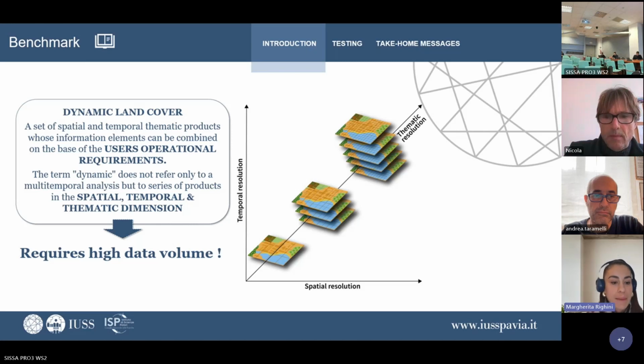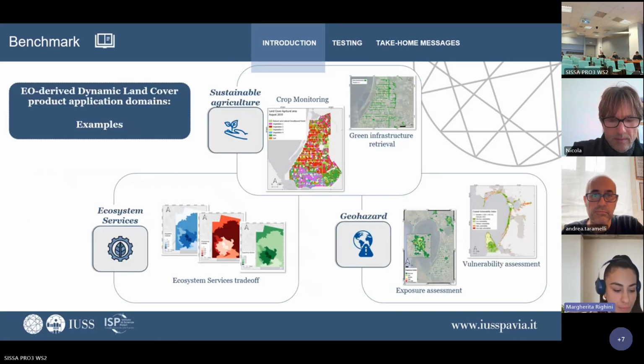In fact, the dynamic land cover consists of a set of spatial and temporal thematic products whose information elements can be combined on the basis of operational requirements. Indeed, a huge data volume is needed to ensure various levels of detail.